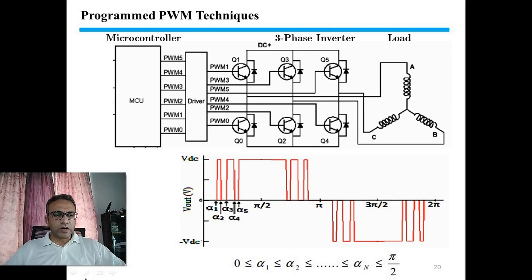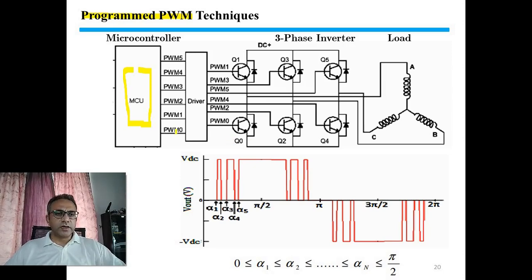Now, the meaning of program PWM is that inside the microcontroller, we will write a code. We will write a computer code which will turn on or off all of the 6 power electronic switches.